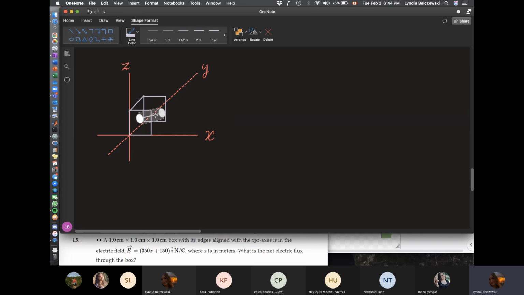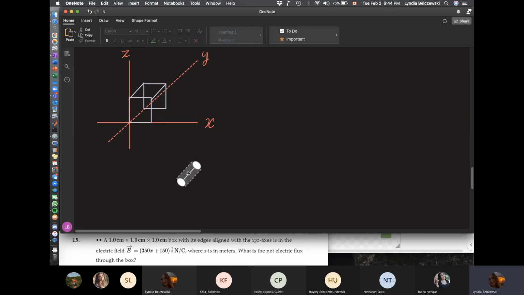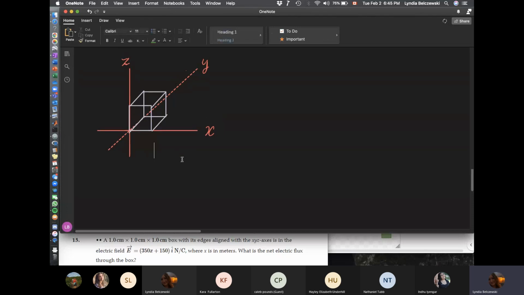So this box is sitting at the origin, and its edges are lined up with the X, Y, and Z axes. So I have attempted to draw that here, and I think it's good enough. And I guess the last thing is that each of its lengths are 1.